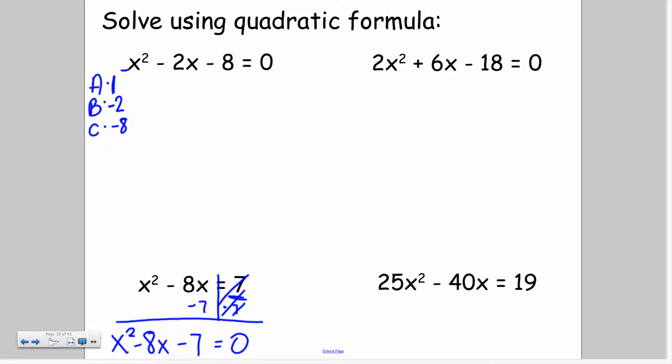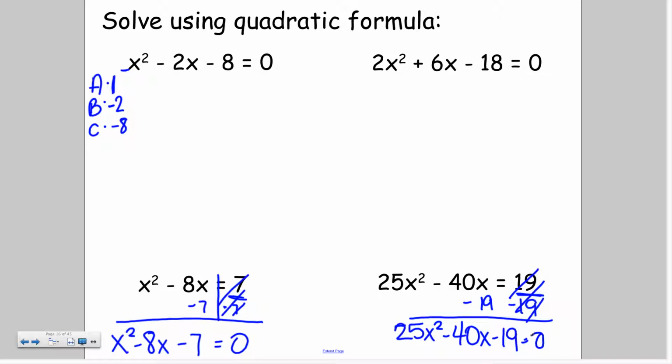And also, there's nothing to combine that 7 with, so I have to just leave it like it is. Same thing over here. I'm going to subtract 19 from both sides. And there's nothing to combine it with, so I'm just going to have 25x squared minus 40x minus 19.